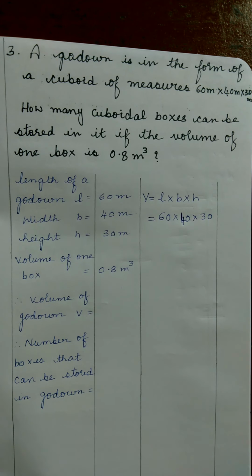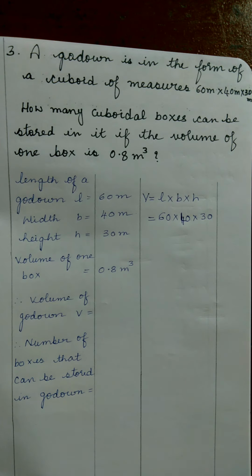Next problem. A godown is in the form of a cuboid of measures 60 meter into 40 meter into 30 meter. How many cuboidal boxes can be stored in it if the volume of one box is 0.8 meter cube?